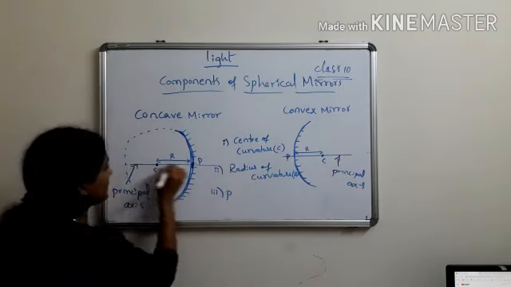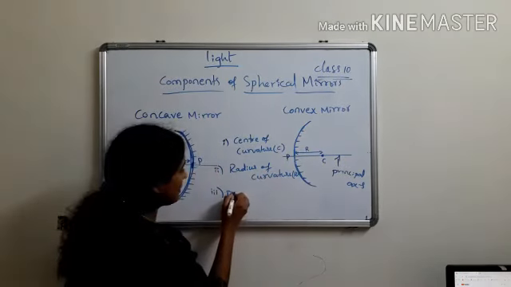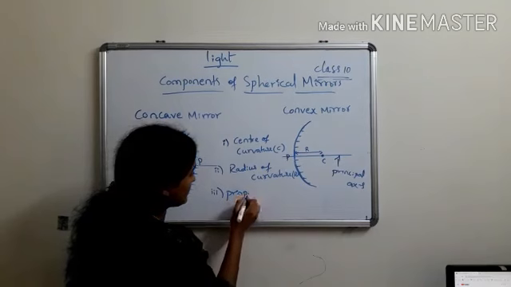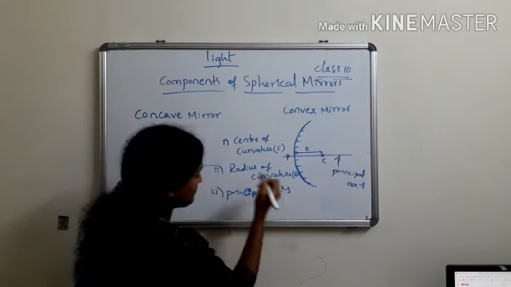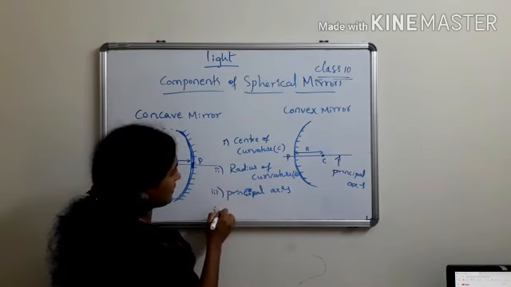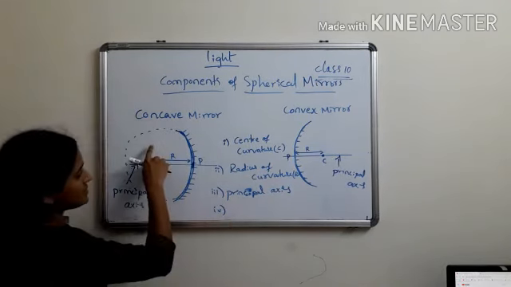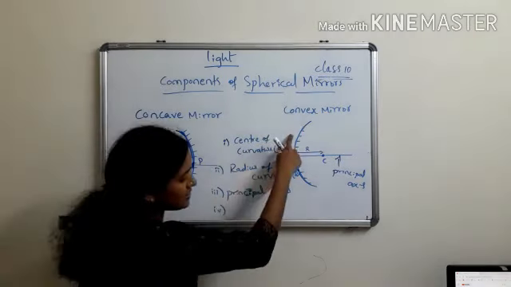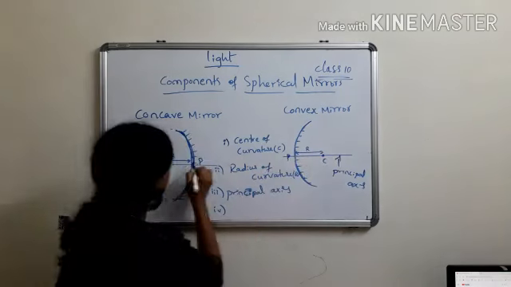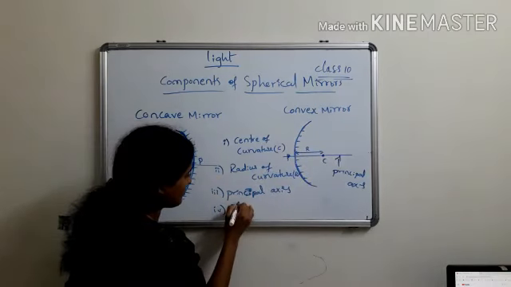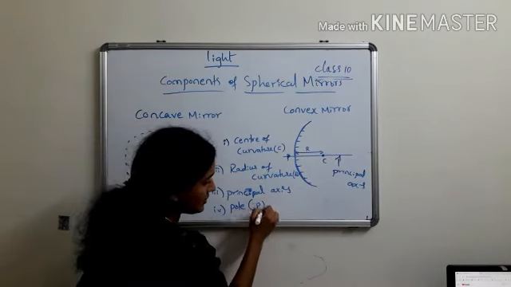This middle one here is the principal axis. Then, this is the inside reflection, this is the outside reflection, and this is the pole of the mirror, P.